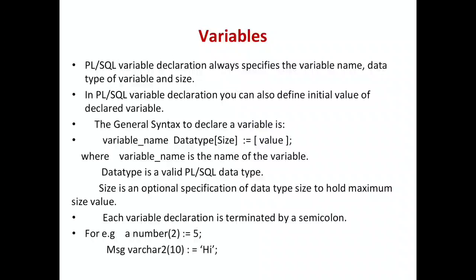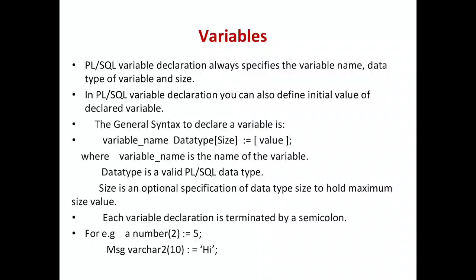PLSQL variable declaration always specifies the variable name, its data type and size. In PLSQL variable declaration, you can also define the initial value of the declared variable. Initial value means if you want to assign some value to the variable, that will be assigned. Now we will see the syntax.